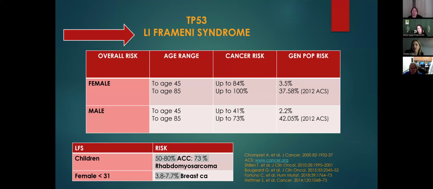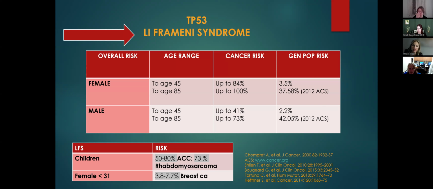So TP53, Li-Fraumeni syndrome, is very rare. It's estimated maybe 1 in a couple hundred thousand to 1 in 500,000. Women have a 100% risk in their lifetime that they're going to get at least one cancer. Men, upwards of a 73% chance in their lifetime they're going to get one cancer. Mostly we see characteristics where they get lots of cancers.